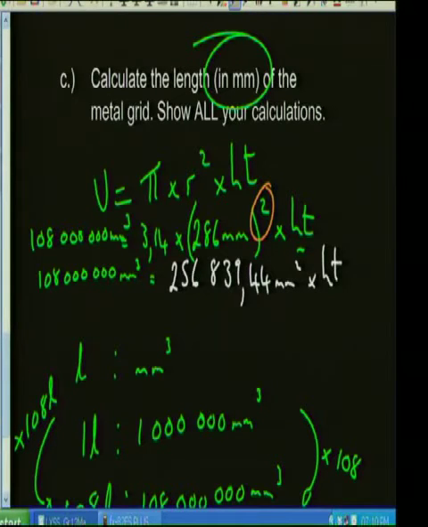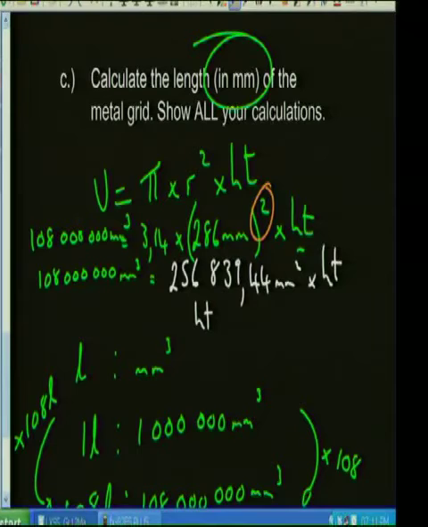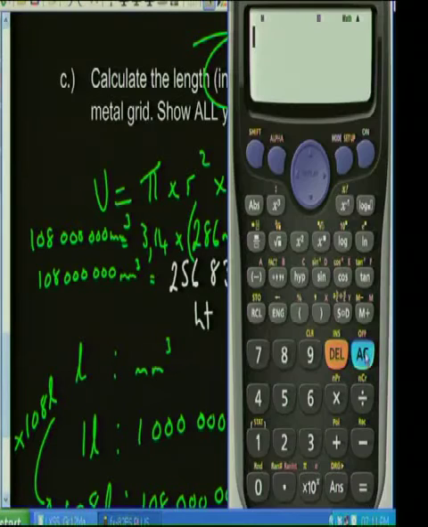Now I want height. What am I going to do? I'm going to take that 108 million millimeters and divide it by the 256,839.44 millimeters squared. So let's do that on our calculator straight away. We've got 108 million, 1, 2, 3, 4, 5, 6 noughts.